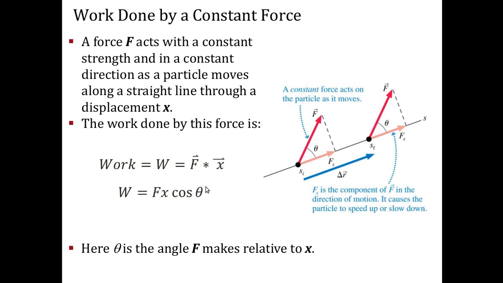So how do we determine whether work is positive or negative? We have to look at the direction that the force and the displacement vectors are pointing, right? So the dot product is the magnitude of the two vectors times the cosine of the angle between them.